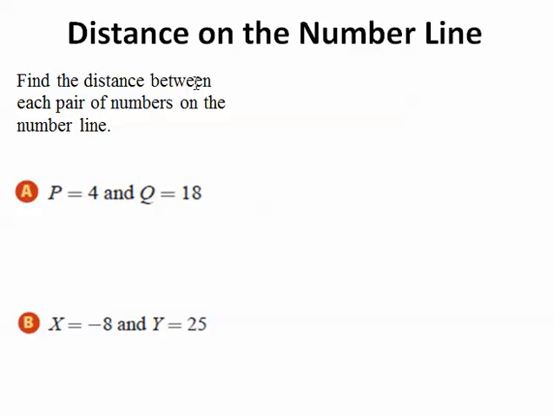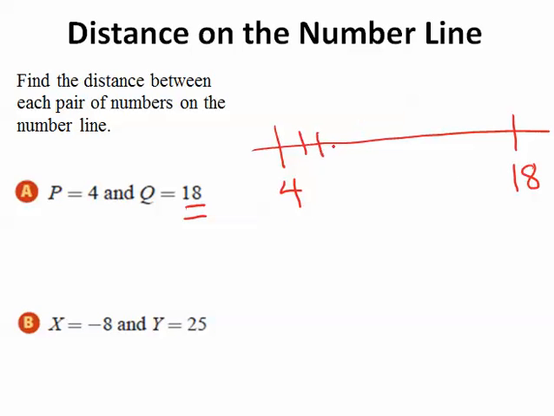So now let's talk about a distance on the number line. It says find the distance between each pair of numbers on the number line. Well, that means we are going to have to draw a number line. Now, I'm a little bit lazy, and I know that 4 is here and 18 is here, because 18 is bigger and the bigger numbers go on the right.